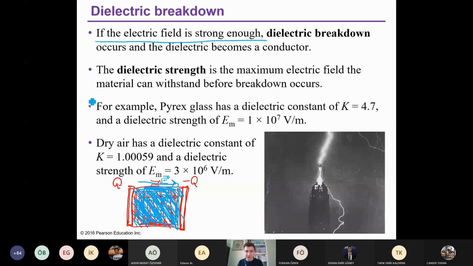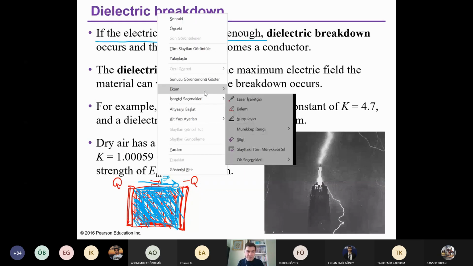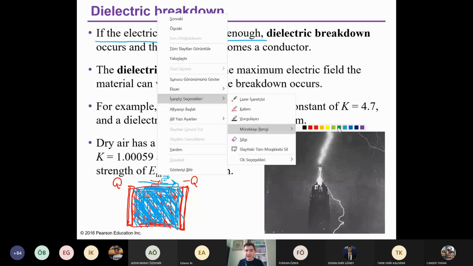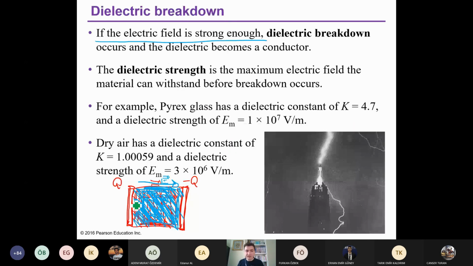Let me change the color again. Then the electricity is conducted, let's say, because this dielectric material becomes a conductor. Now there is conductivity within the dielectric material. When this happens, if the electric field is strong enough, the dielectric strength is the maximum electric field the material can withstand before breakdown occurs.